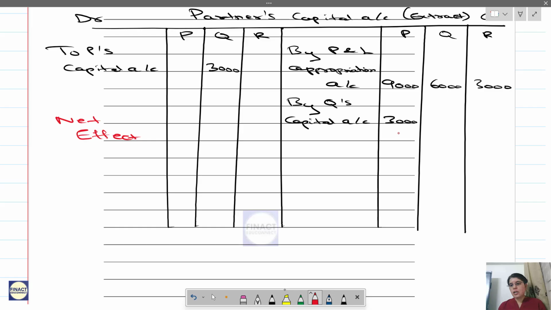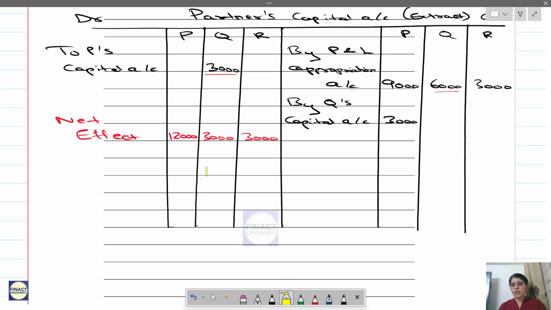So credit side total 9,000 plus 3,000, 12,000 in P's column. Q is 3,000 and R is 3,000. Correct? Q is 6,000 minus 3,000, 3,000, and R remains unchanged.